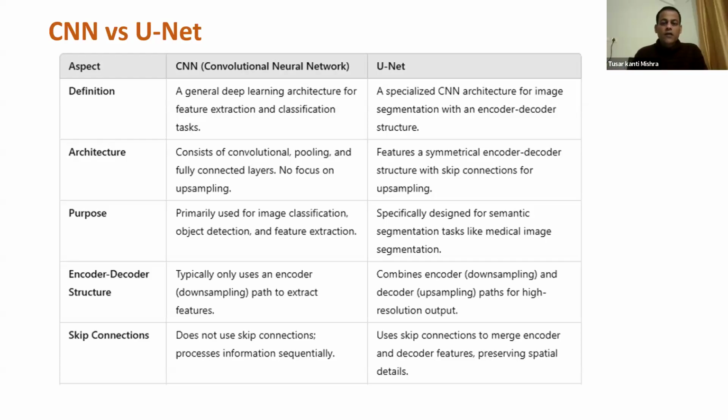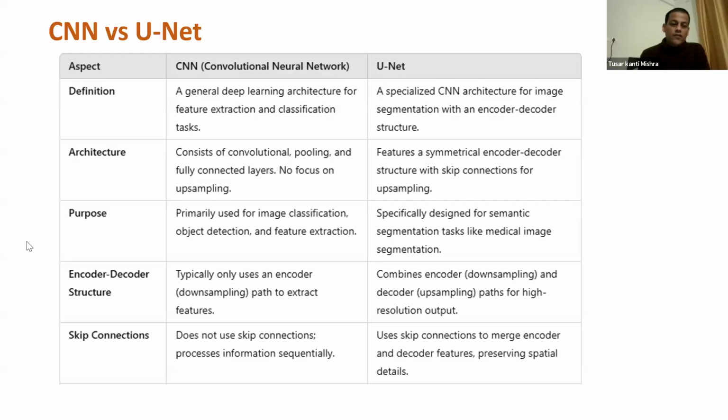When you talk about UNET, no doubt downsampling happens, but upsampling is also happening. Talking about the purpose, for object detection, feature extraction, and image classification, CNN is preferred. However, UNET is preferred especially for semantic segmentation tasks. Semantic segmentation means the inherent informative meaning is not lost.